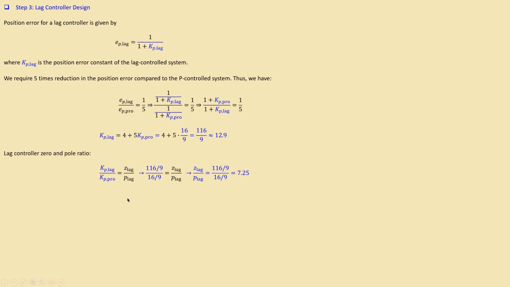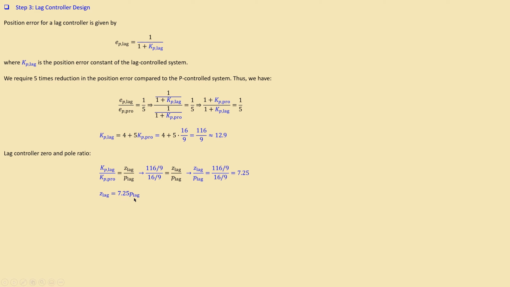So if I know the ratio of the position error constants, which is already known here, 116 over 9 divided by 16 over 9, that will also be the ratio of the lag zero and the lag pole. If you do the math here, you will get Z lag divided by P lag of 7.25. That means if you have some value for the P lag, you will have 7.25 times that value for your Z lag.